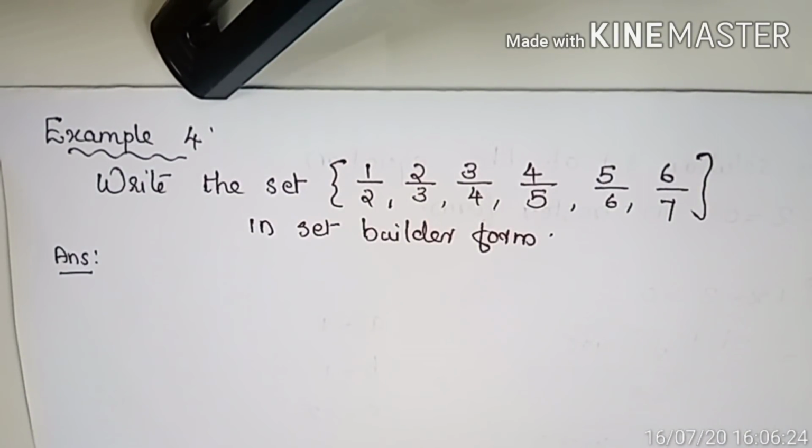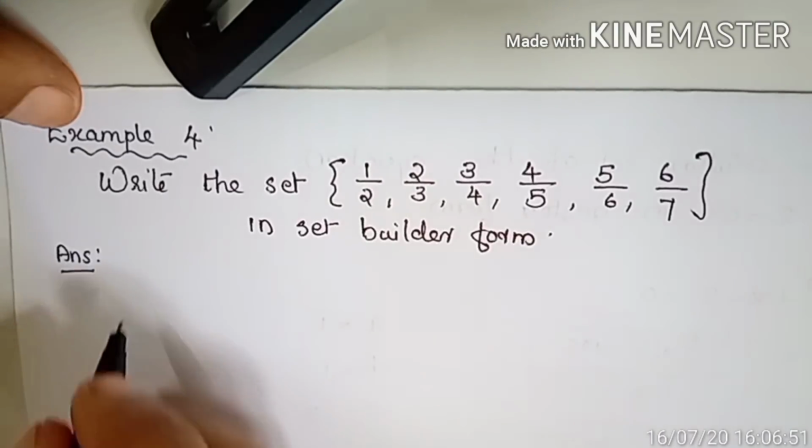Look at the next example, example 4. Write the set 1 by 2, 2 by 3, 3 by 4, 4 by 5, 5 by 6, 6 by 7 in set builder form. We see that each member in the given set has a numerator 1 less than the denominator. So, the numerator begins from 1 and does not exceed 6.